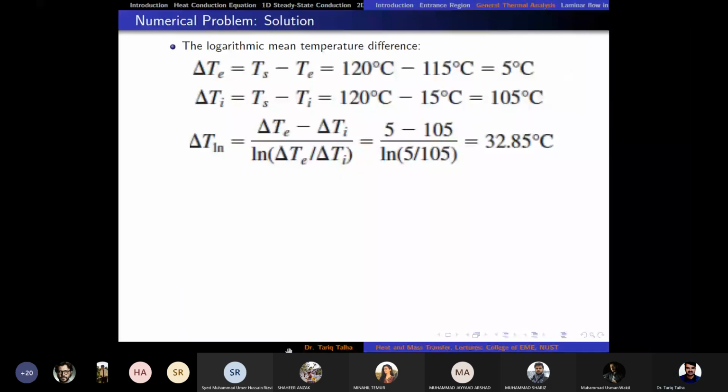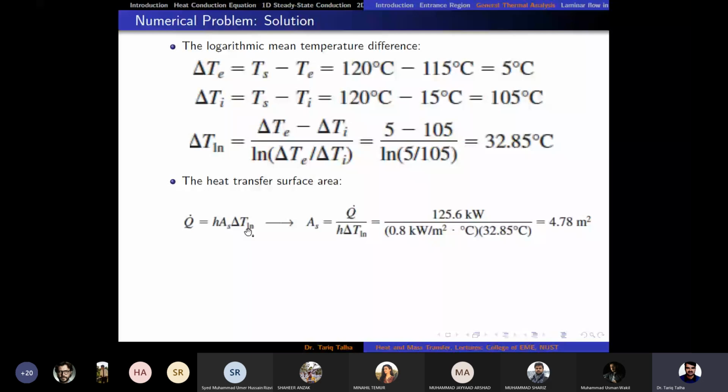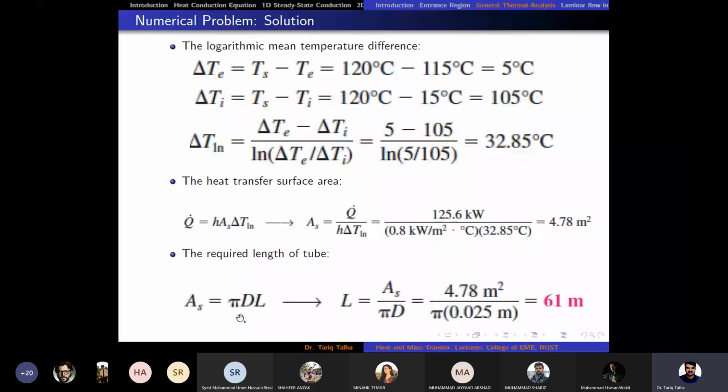Q dot we have already calculated, and then h value is given, that is 0.8 kilowatt, and delta T logarithmic 32.85, and then from here we can calculate As, and As is equal to pi d L. The diameter is known to us, which is 25 millimeters. So in this case, length comes out to be 61 meters.